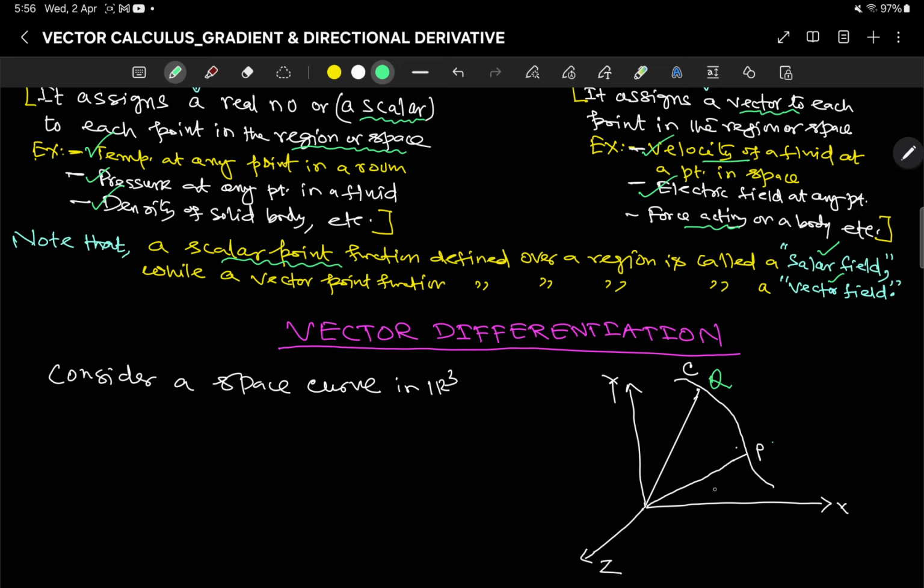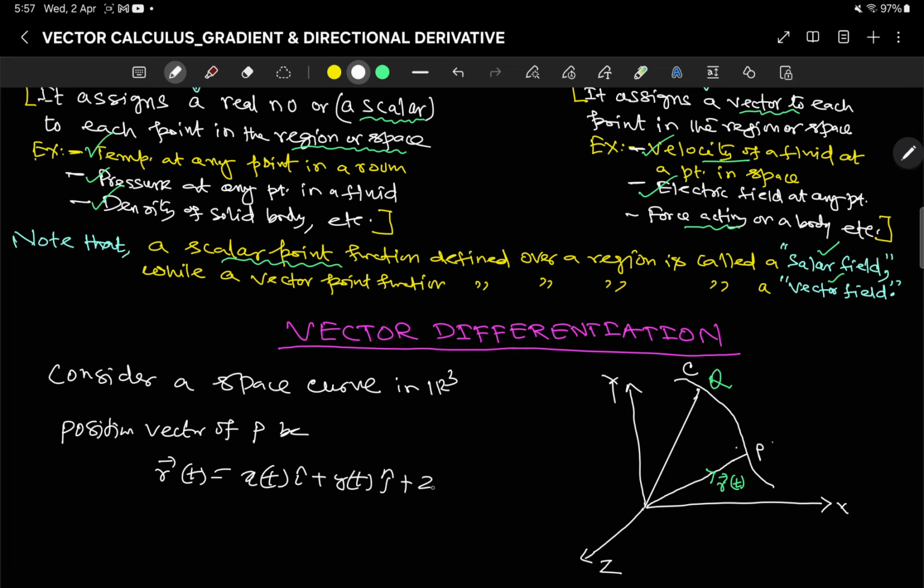Let the position vector of P be r(t). The position vector of P is r(t) equal to x(t) i plus y(t) j plus z(t) k.